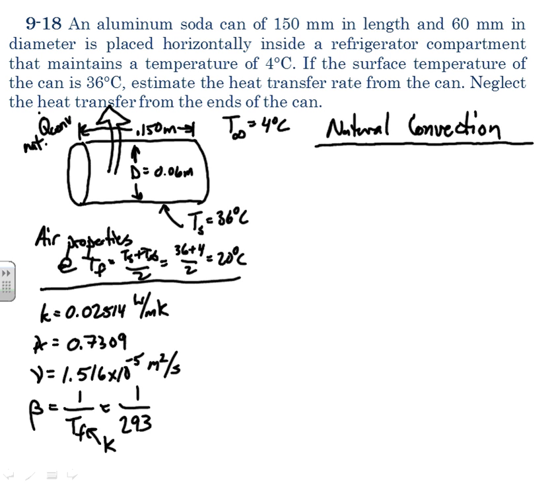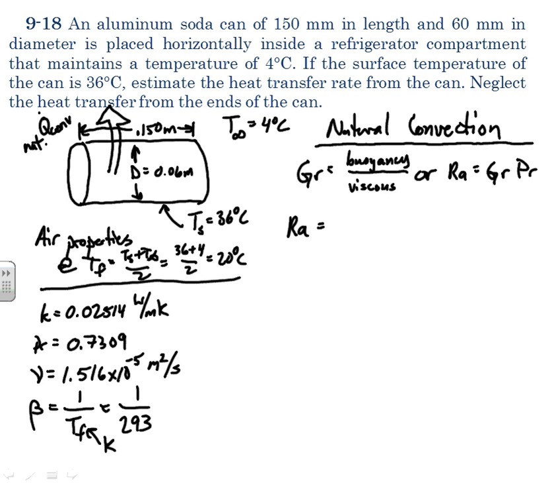And natural convection is governed by the Grashof number, which is the ratio of the buoyancy forces to the viscous forces. So we have to look at this Grashof number, or the Rayleigh number, which is really just the Grashof number times the Prandtl number. Okay.